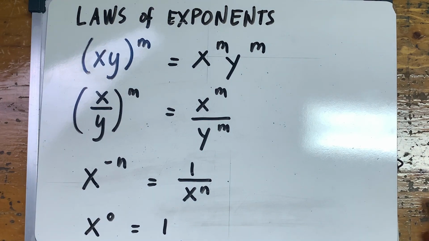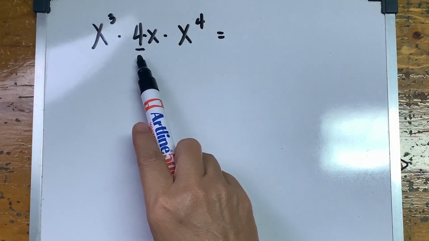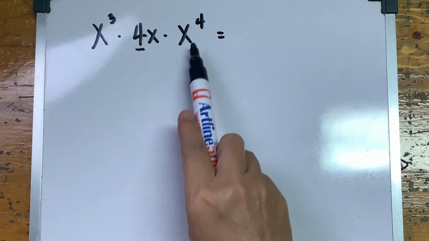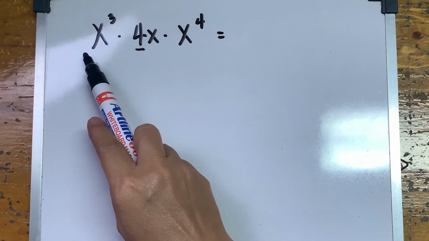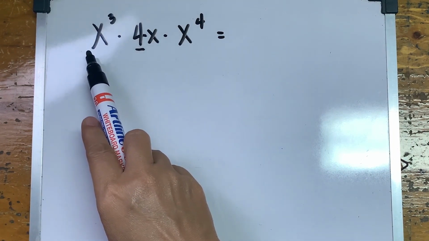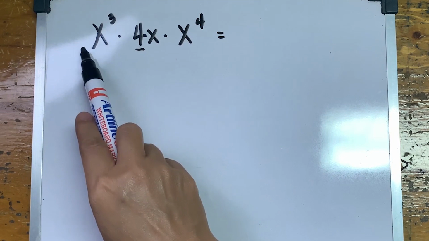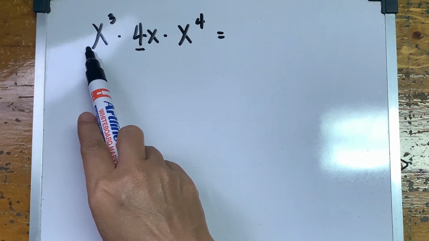Now let's have our first example. x raised to 3 multiplied by 4x times x to the fourth power. You notice that x here and here has no numerical coefficient. Actually, it has. It's actually equal to 1. So we first multiply all numerical coefficients.